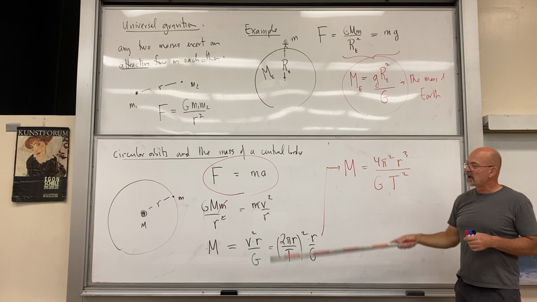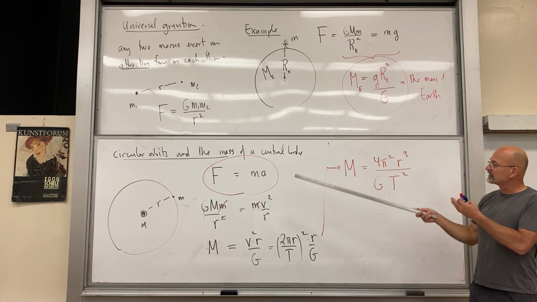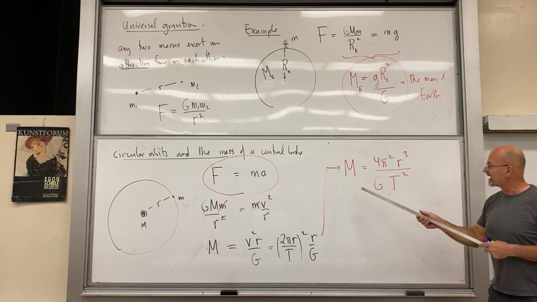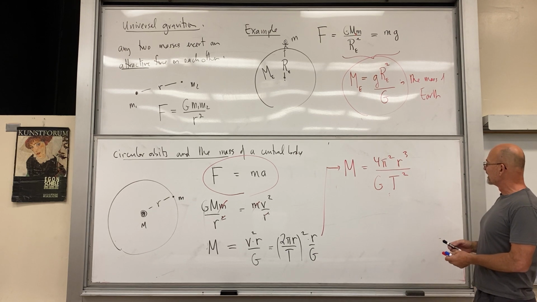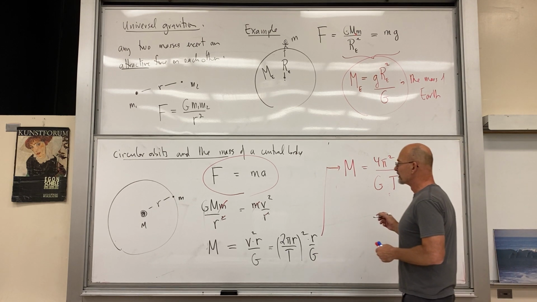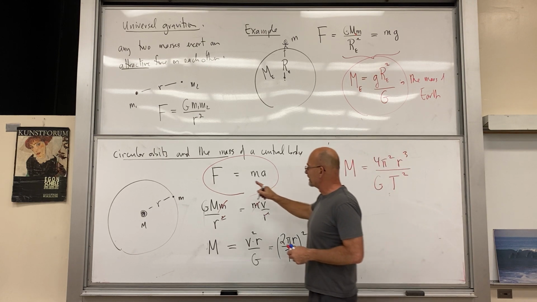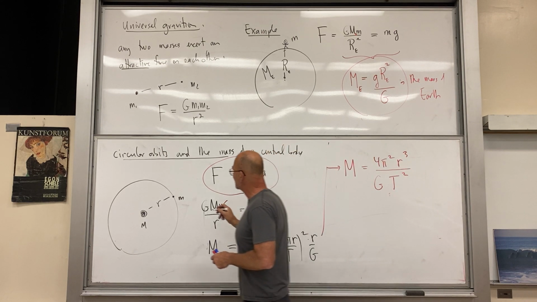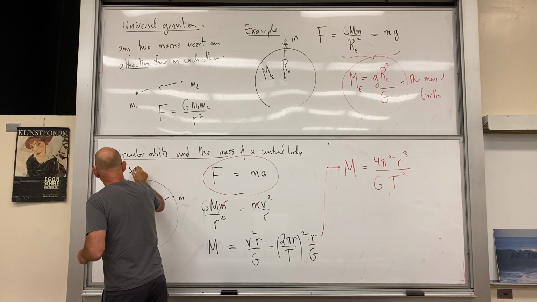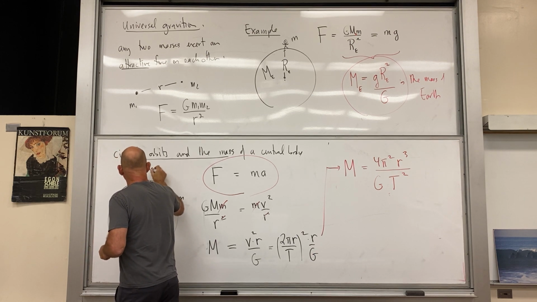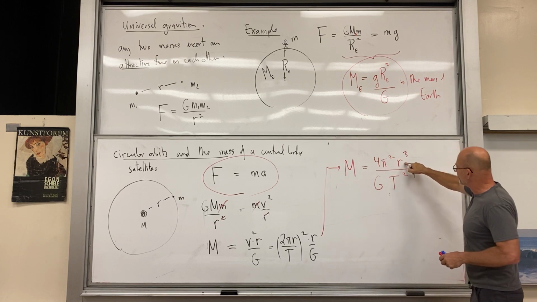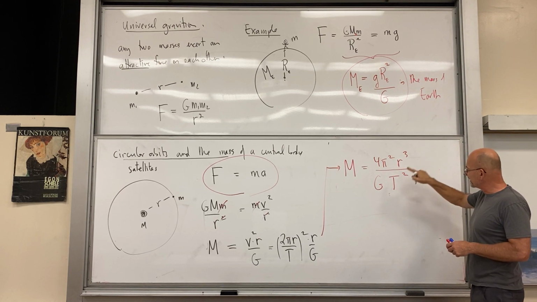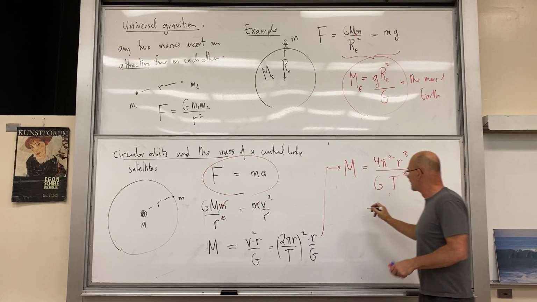Now, if it's a central body at a distance from us where we can't just stand on top, we have to take the orbital parameters of the satellites. So this is a satellite orbit, circular orbits, satellites, and these are the orbital parameters there. That's the radius of the orbit, that's the period of the orbit.